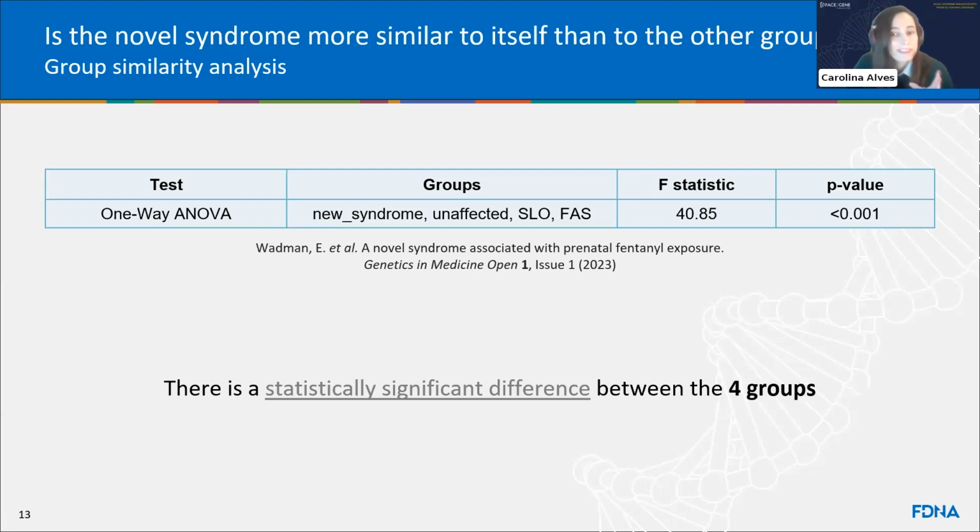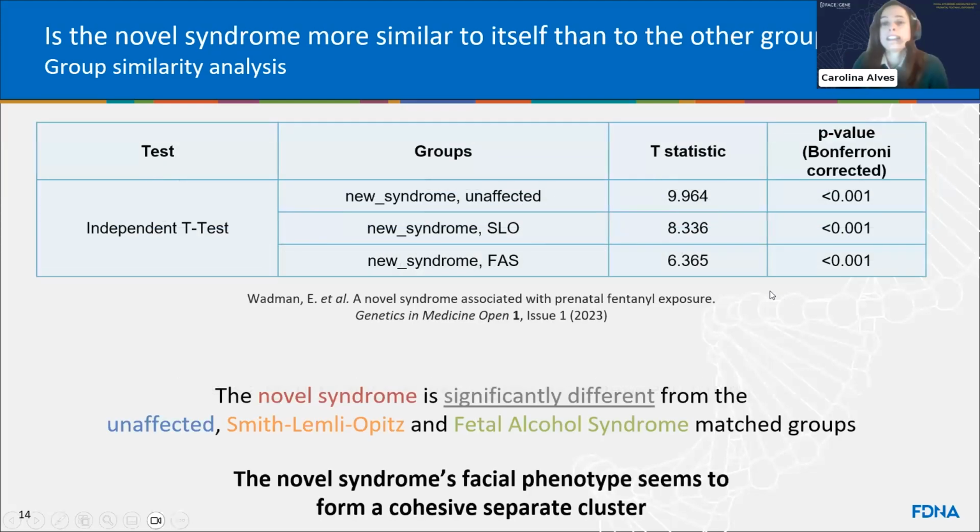However, the ANOVA does not really tell us between which pairs of groups this difference occurs. So we needed to follow it with independent t-tests between the new syndrome and the other groups. That's exactly what we did.